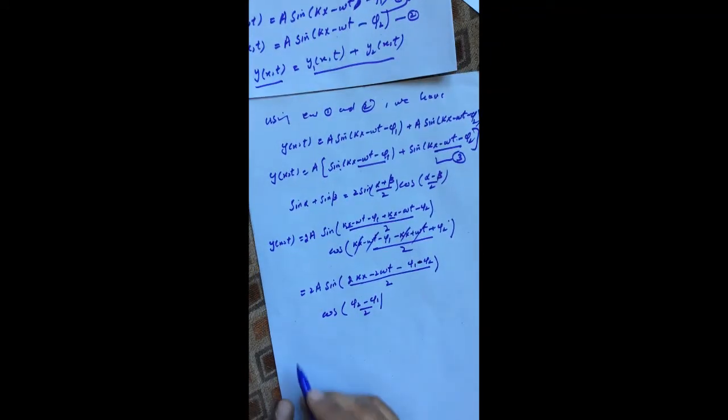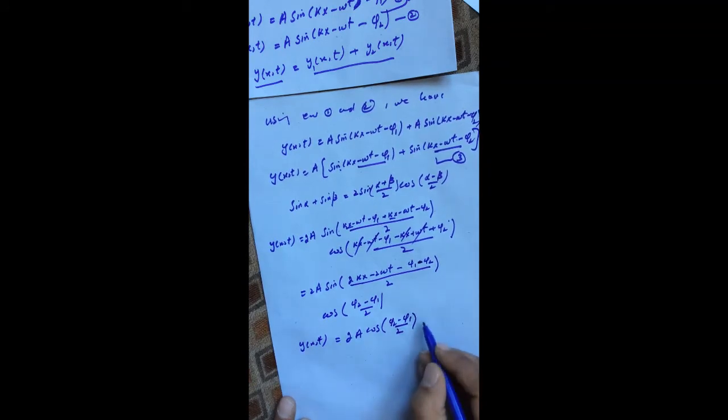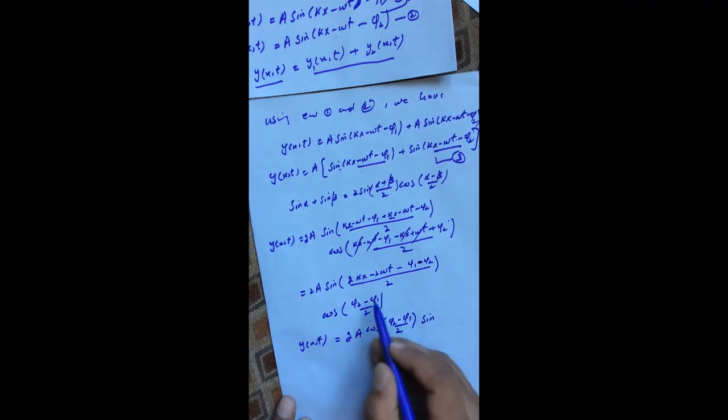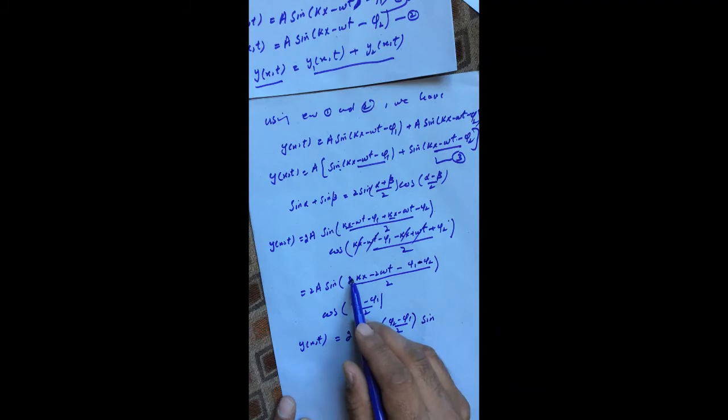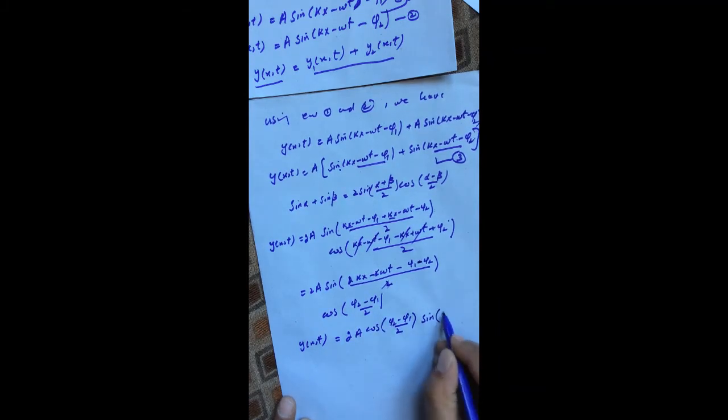I can write y, a function of both position and time, equal to 2a cos of phi2 minus phi1 over 2, and then sine kx minus omega t minus phi1 plus phi2 over 2, as the 2s cancel.